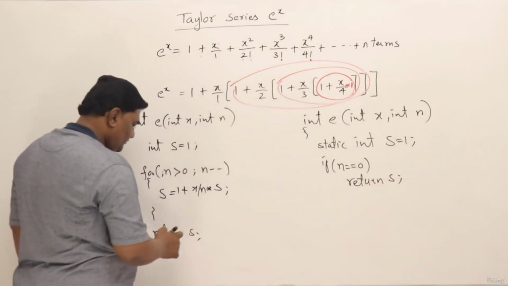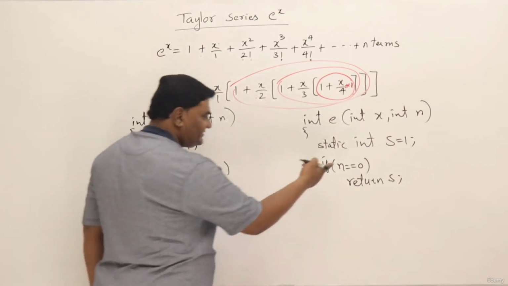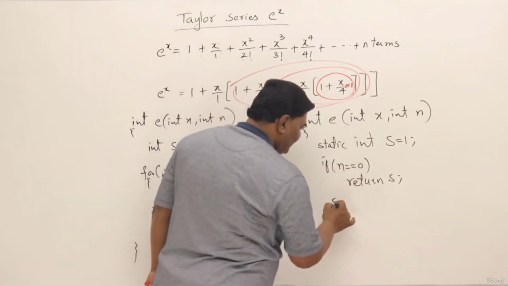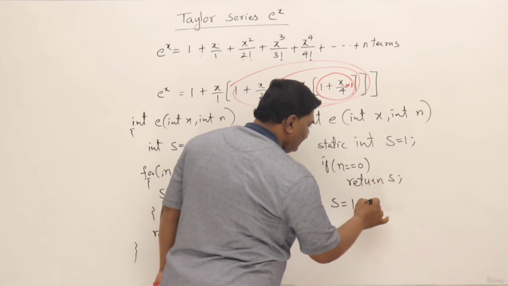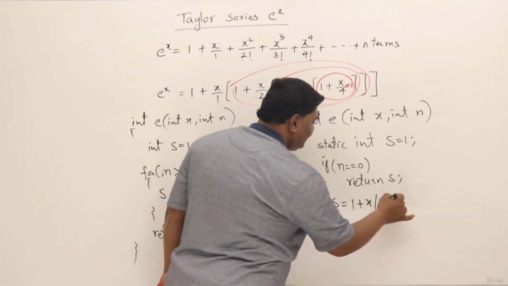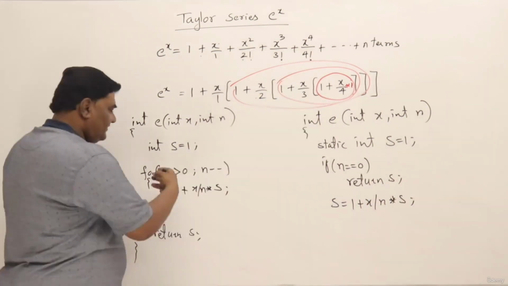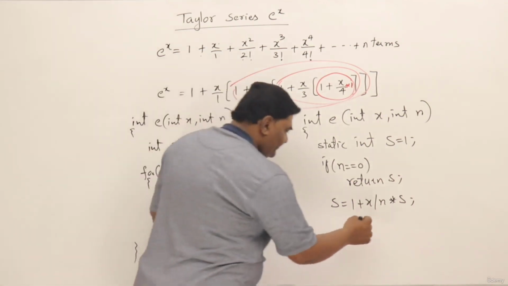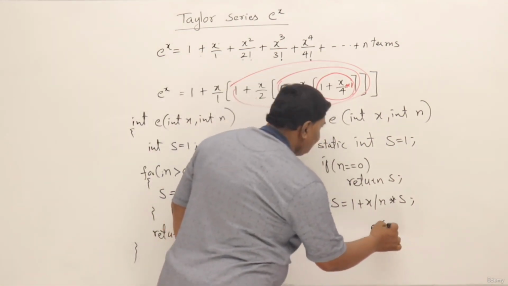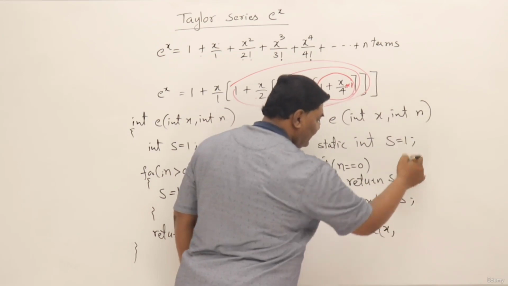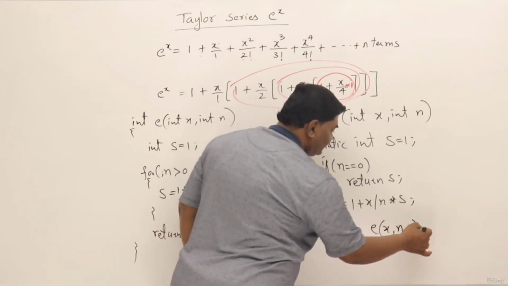Else, what I have to do? Else, perform this operation. The same operation I'll perform: s assigned 1 plus x by n multiplied by s. The next step is repeating, so here call itself again with x and reduce the value of n, that is n minus 1.